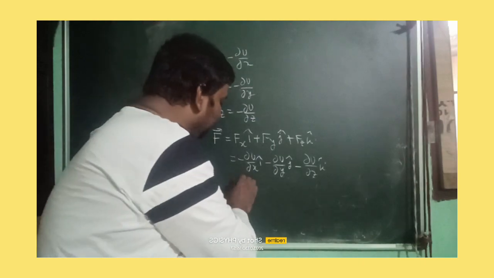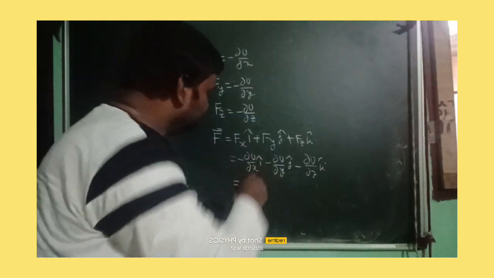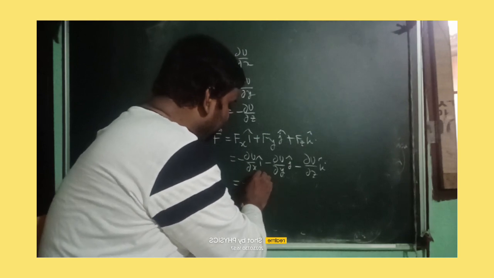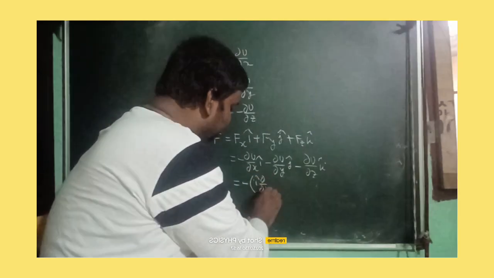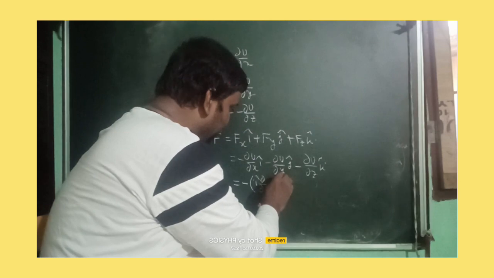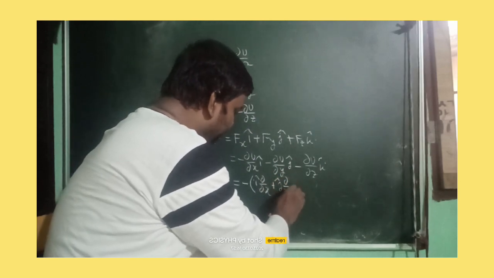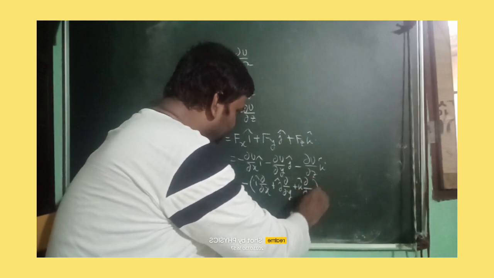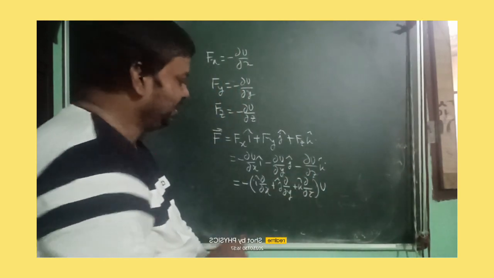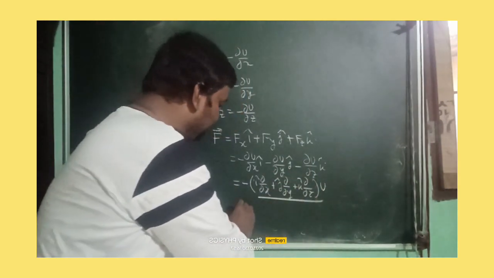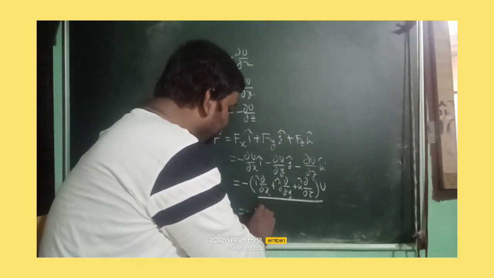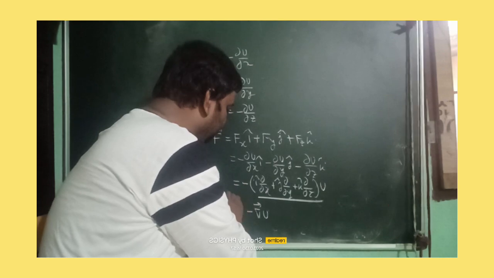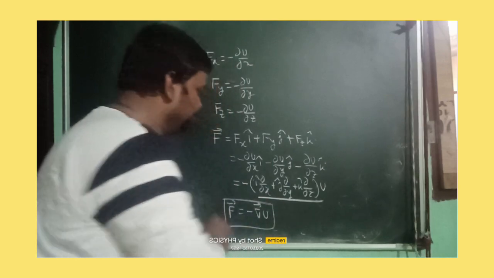That is equal to minus (i hat del x plus j hat del y plus k hat del z) into U, and that is the gradient. So F is equal to minus the gradient of U.